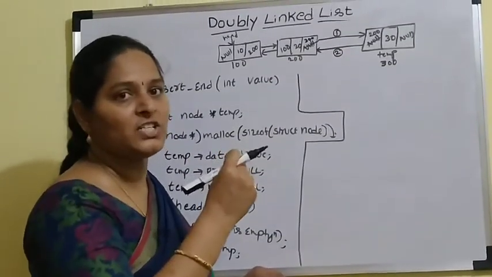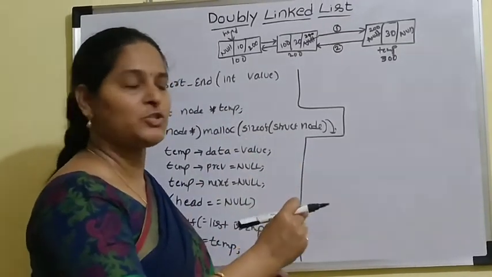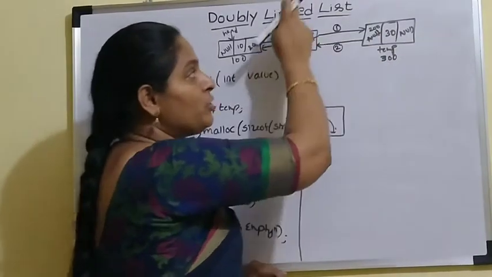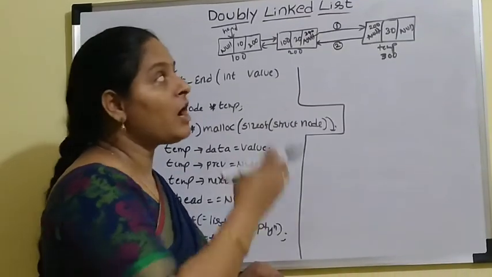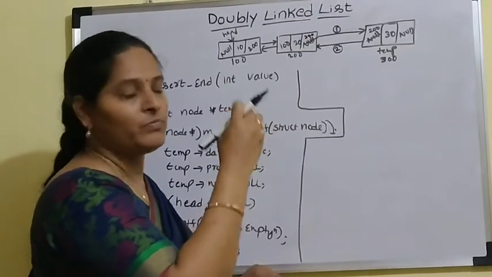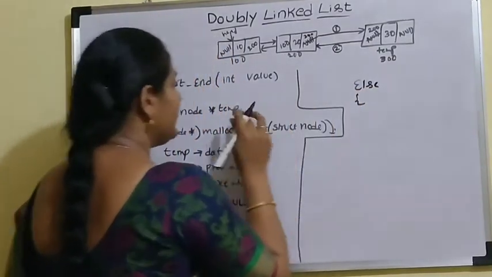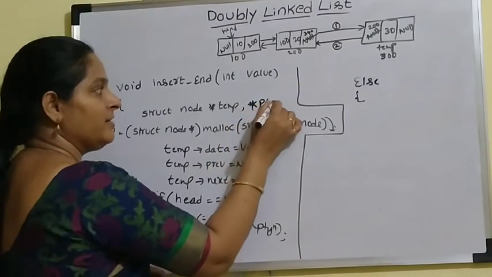With that logic, we need to find out the last node. Once you find the last node, in the last node's next part we need to insert temp, and in temp's previous part we need to insert the last node's address. So how to pick that last node? The logic is, we need to take one extra pointer for traversing till the end.